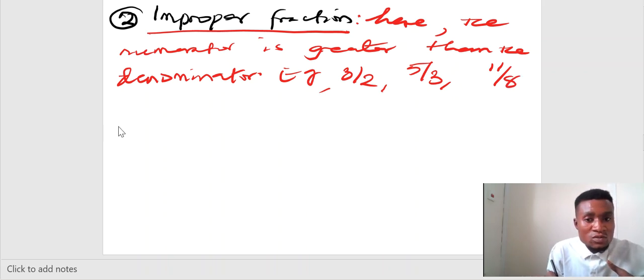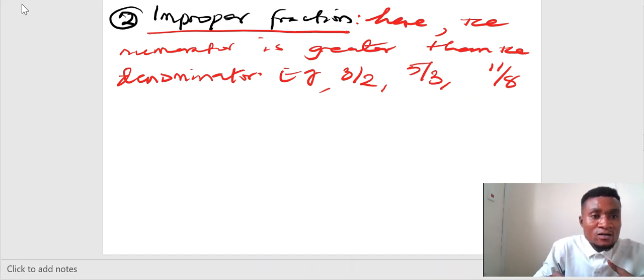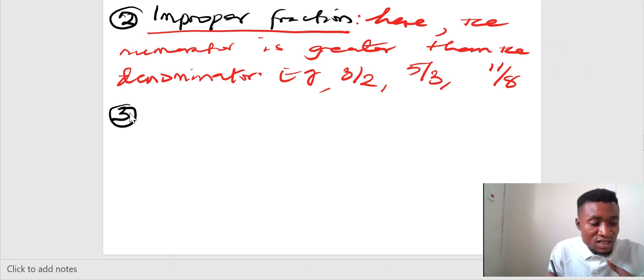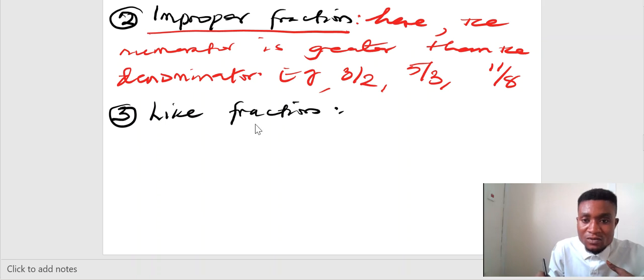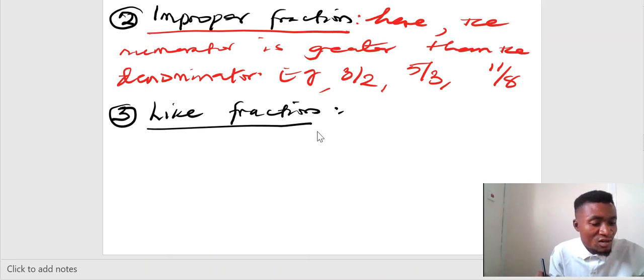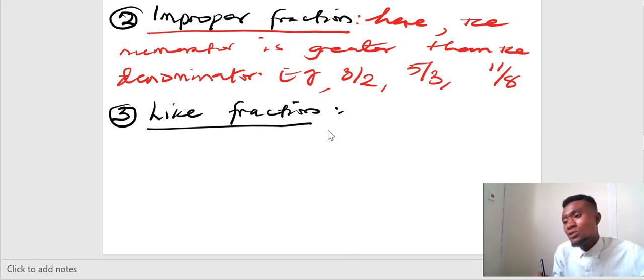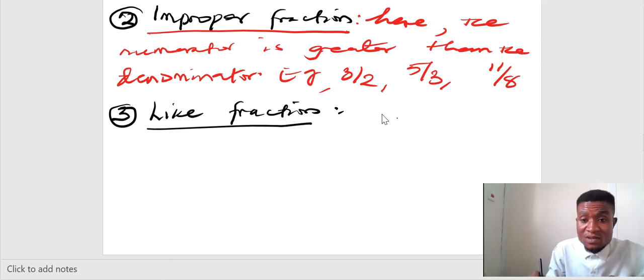So quickly we'll rush into the third type of fraction. Number 3, we have what is called the like fraction. Now in this fraction, we'll be having the same value of the denominator.